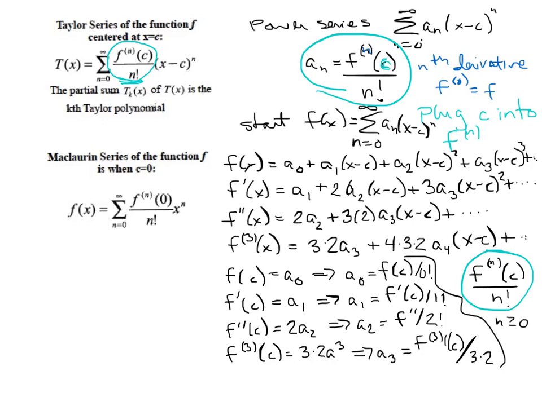So Taylor series are specific power series with specific a sub n's in them. Now, if it so happens that c is equal to 0, you get what's called a Maclaurin series. The only thing that's really different on the Maclaurin series is that it's just evaluated at 0 and not some other number. And then, of course, the c goes away because c is equal to 0.